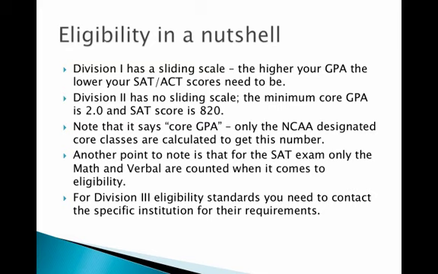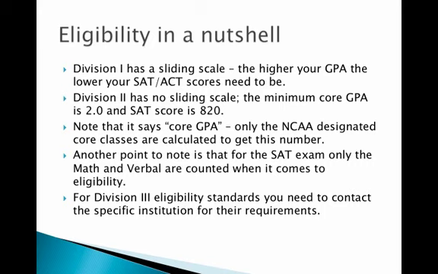Now, as we said, eligibility is a complicated subject, but to put it in a nutshell, here are the high points. Division I has a sliding scale. The higher your GPA, the lower your SAT or ACT score needs to be. Division II has no sliding scale, with the minimum core GPA being 2.0 and the SAT score being 820.